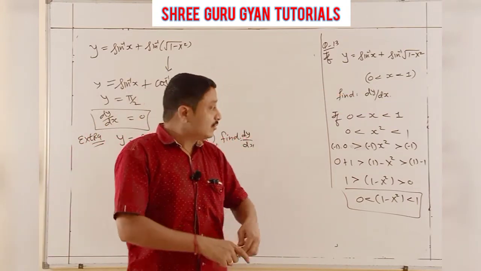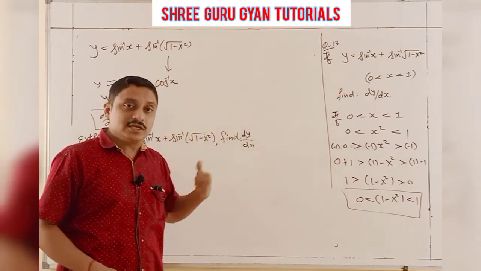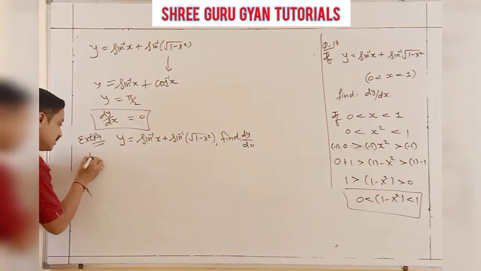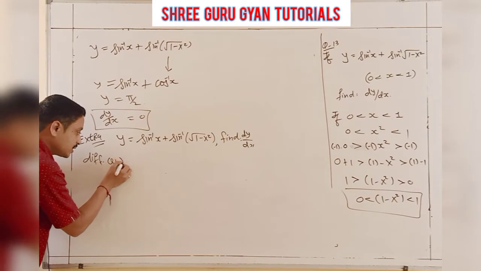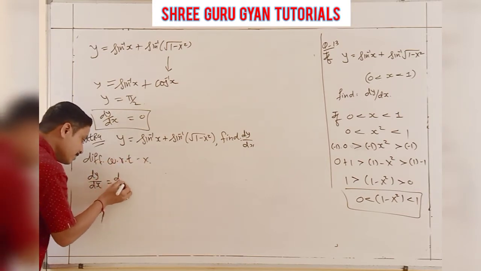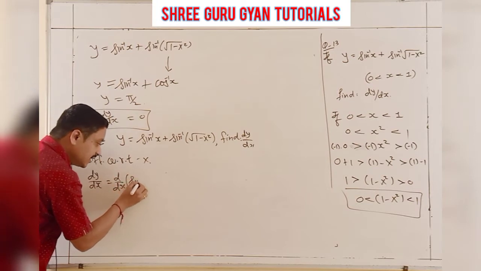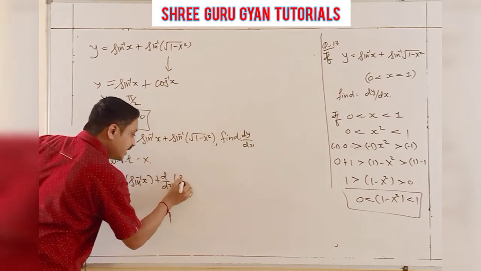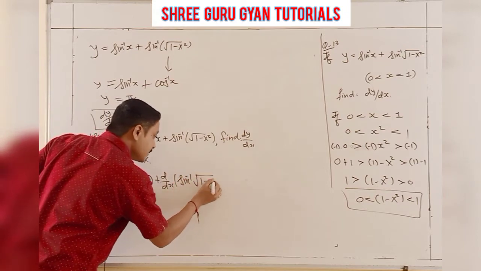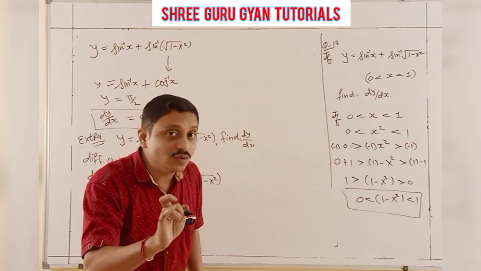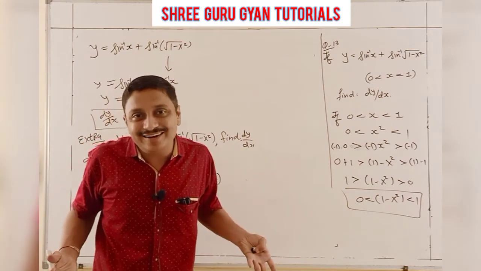So you never write the previous one here, because different answers are also possible. Directly start differentiation with respect to x. So what is dy/dx? d/dx of the first term and d/dx of the second term. I directly differentiate if the condition is not given.